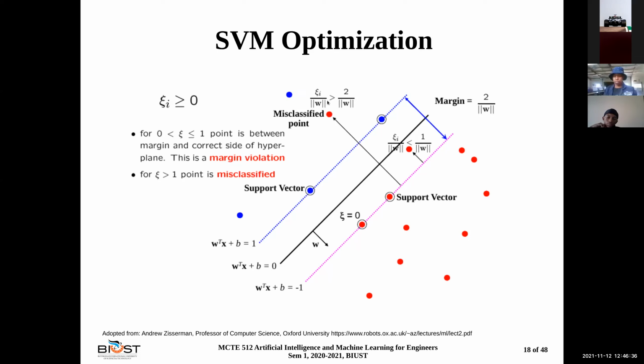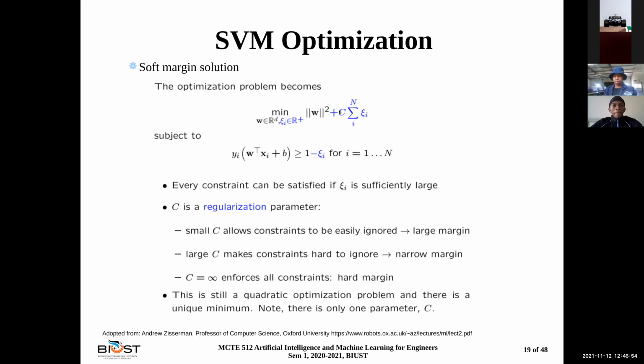If psi is becoming smaller and smaller, or it is 0, it means that it is correctly classified, and not between the margin, the psi is equal to 0. That's why in this case we want to minimize the psi for all points, for every point that has a corresponding psi.